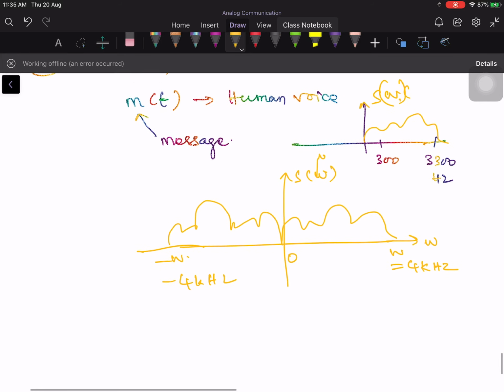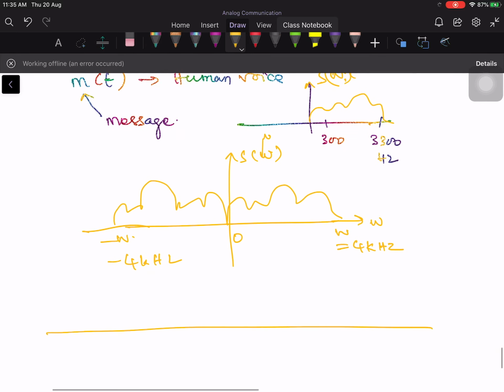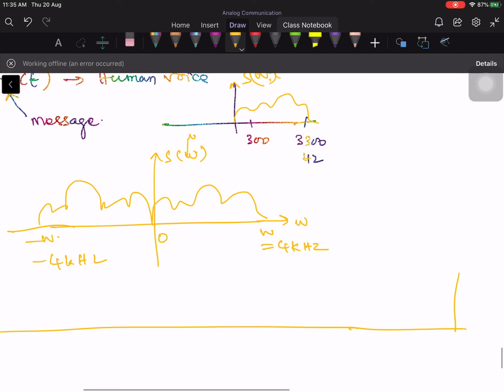And you take C of t, it is very high frequency, maybe here. It has a spectrum like this, let's say an impulse or some spectrum like this. And these two spectra will not overlap. So we are considering non-overlapping spectra.